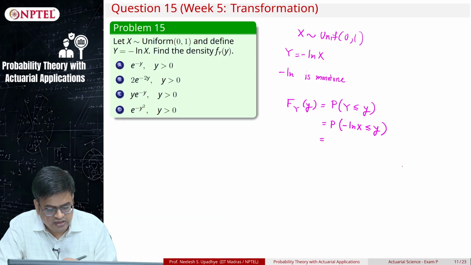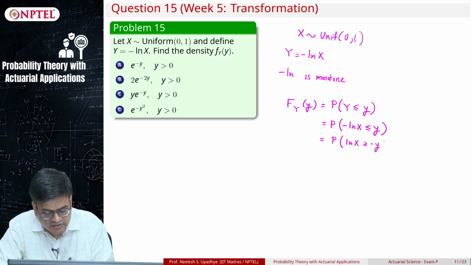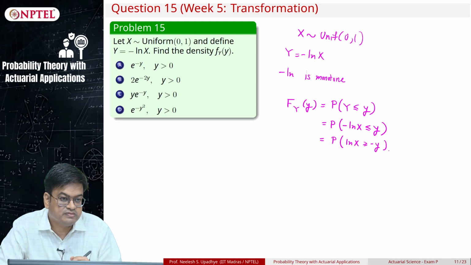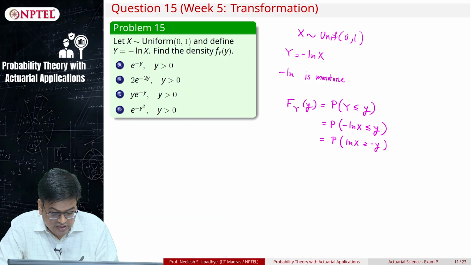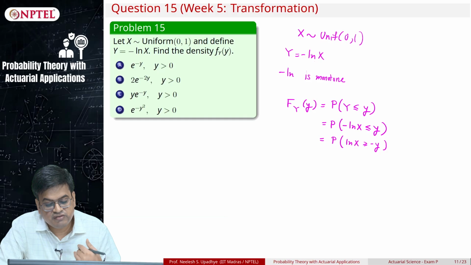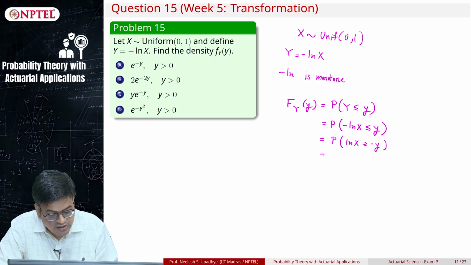Then I will take this minus sign to the other side, which gives me probability of ln of X greater than or equal to minus y. After that, because ln is a monotone function, I will take the inverse transform of it, and that will give me probability of X greater than or equal to e raised to minus y.